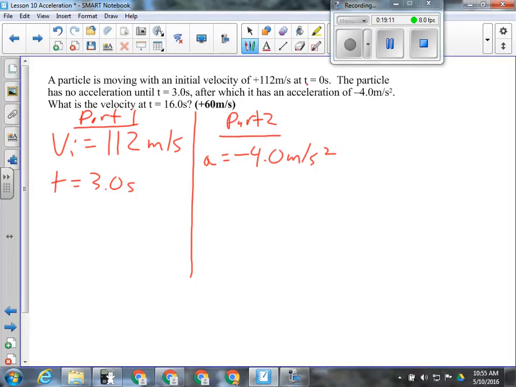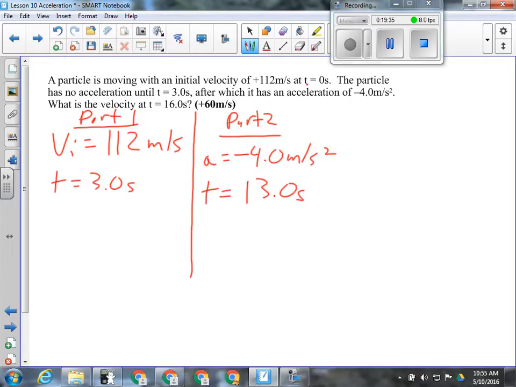How long does this part take? The first 3 seconds we traveled at a constant speed. Then we accelerated for the next 13 seconds. That's the trick on this one: part 2 is 13 seconds long. The whole trip is 16. Part 1 is 3, part 2 is 13.